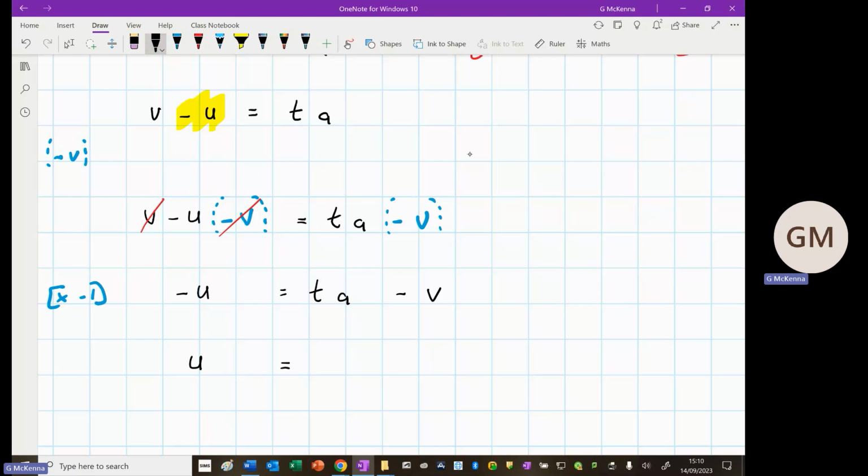If we've got minus 1 multiplied by this lump of stuff, ta, that just becomes minus ta. And if we've got minus 1 multiplied by minus v, well, minus 1 times minus ends up giving us a plus. And that's our equation now fully rearranged to express u, your initial velocity. We can now sub in our respective numbers to get the correct answer in your examination script.